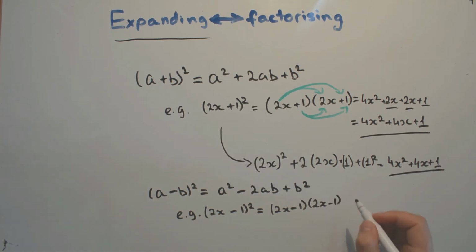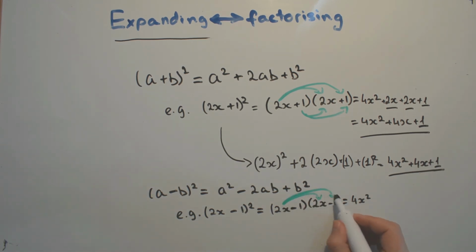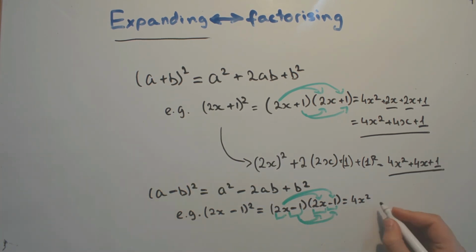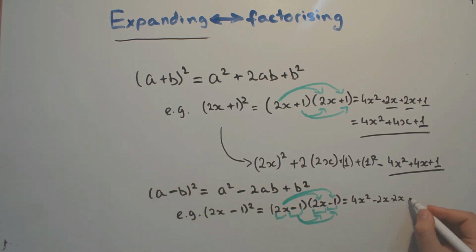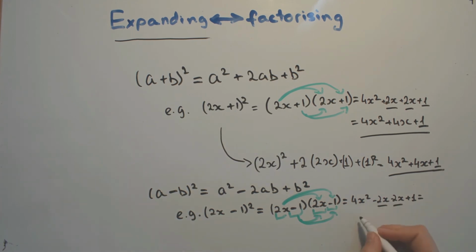I will first expand 2 brackets like we did before. So I'm gonna times 2x by every single part of the second bracket, and then minus 1 times by every single part of the second bracket. And when we expand, you'll see that now you have only 2 negative numbers, which will add up together. So the answer is 2x squared minus 4x plus 1.